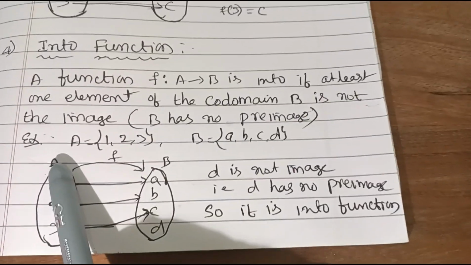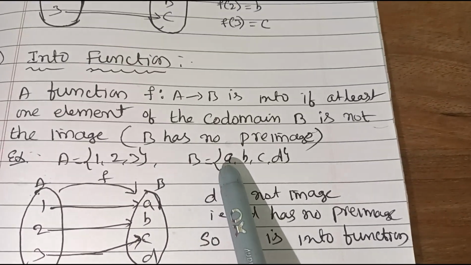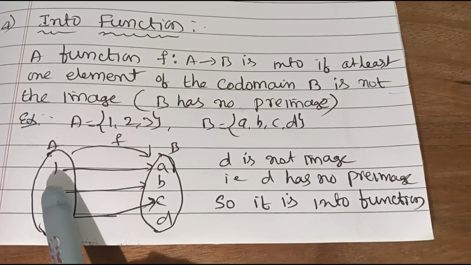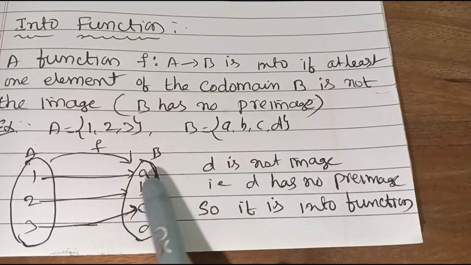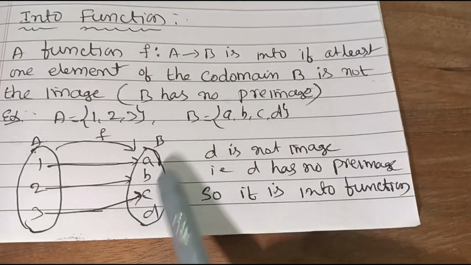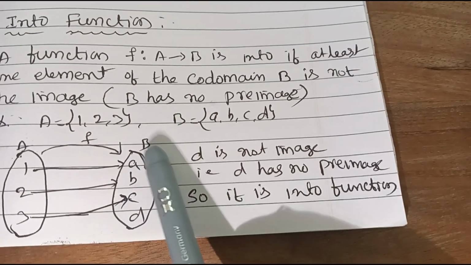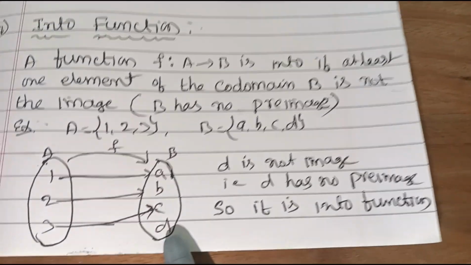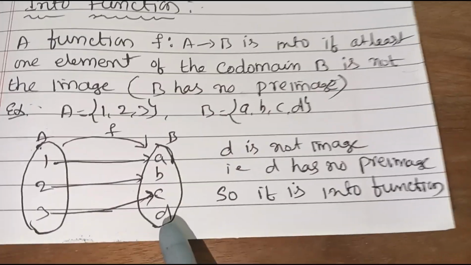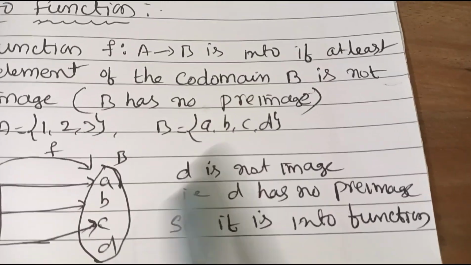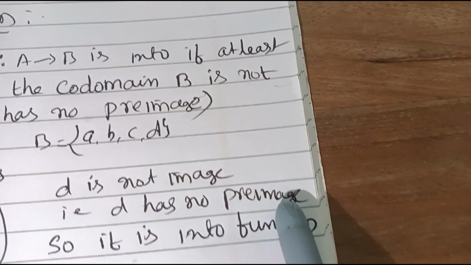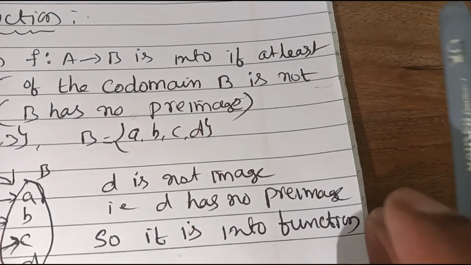For example, set A elements are 1, 2, 3, and set B elements are A, B, C, D. Here f is a function from set A to set B. The image of 1 is A, the image of 2 is B, and the image of 3 is C. So the element D in codomain B is not the image of any element of set A. Here D is left out in the codomain, so D has no pre-image. So it is an into function.